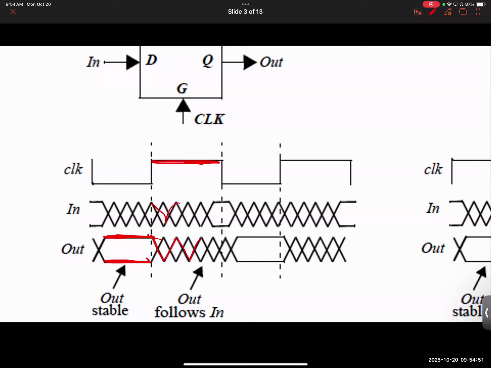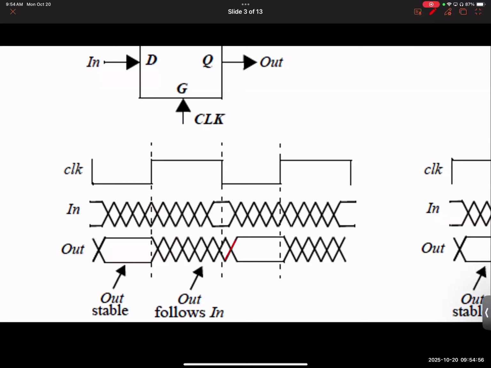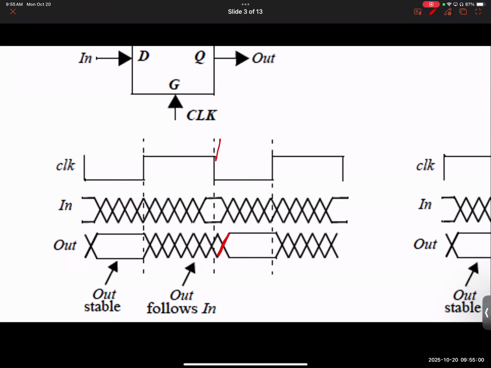Notice, one more thing. Notice there is a vertical line being drawn from the clock edge to this point. And can you notice one thing here? There is a delay between the input and the output.